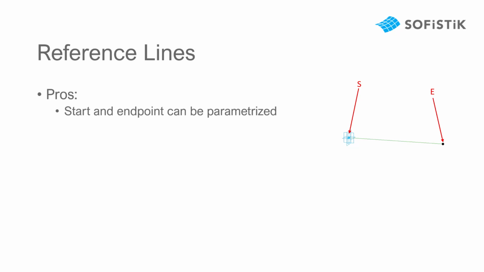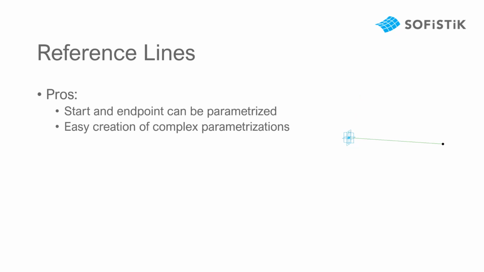In between those, the lines are created, and both the start and end point can be parametrized with the other methods I already showed. It is easy to create very complex parametrizations, or it's a simplified way of creating very complex parametrization using reference lines.